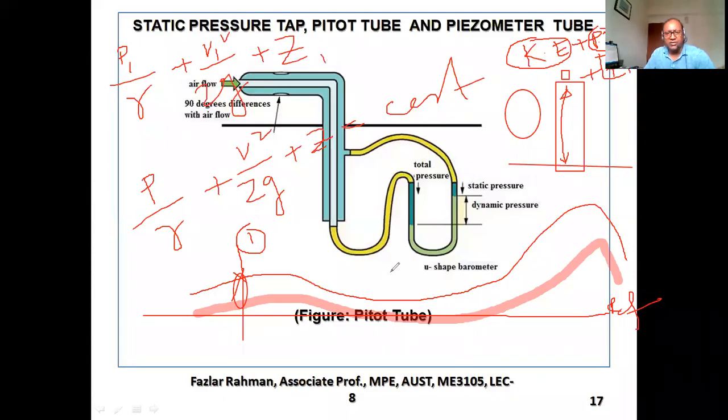Now you're taking right over here. What is your Z? If this is point 2, how much will be Z2? Very few, right?